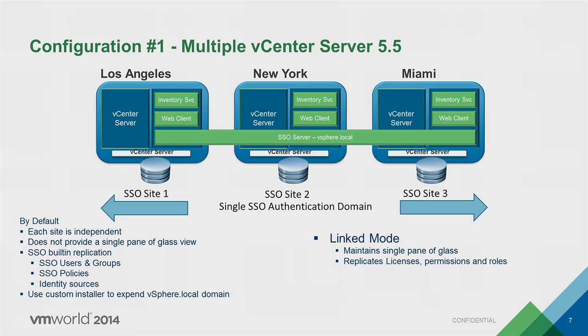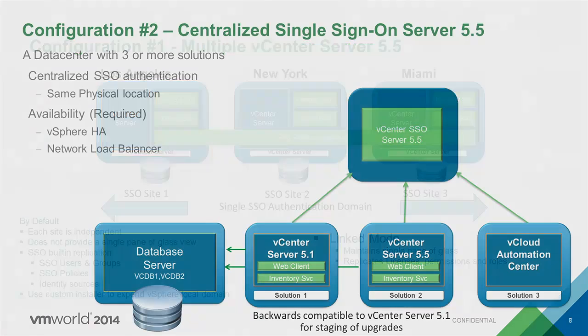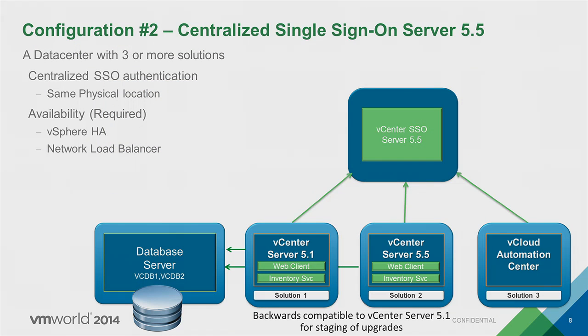But what if I'm expanding my environment? What if I have lots of vCenter servers? Maybe I have other SSO-enabled solutions. Today we have vCenter and vCAC. That's growing. There are going to be other products adding into that mix, which we'll see as we go through the rest of this presentation. Something that has changed with this slide for those that have seen it before: before, we recommended this configuration for 8 or more resources or solutions that are enabled with SSO.